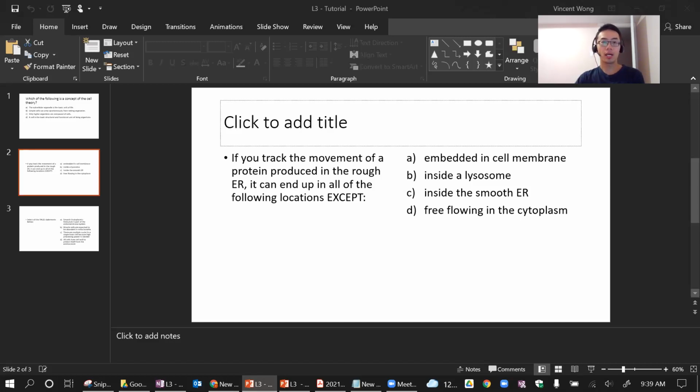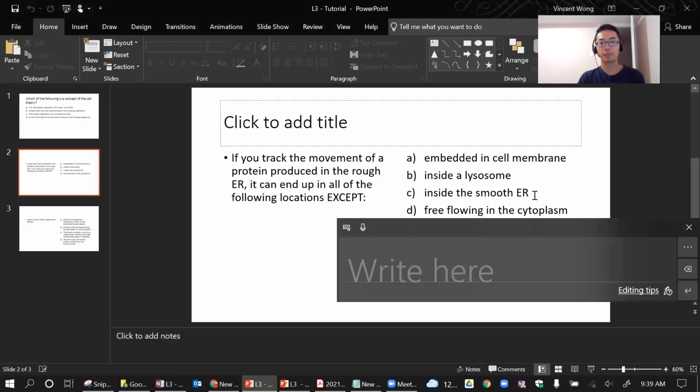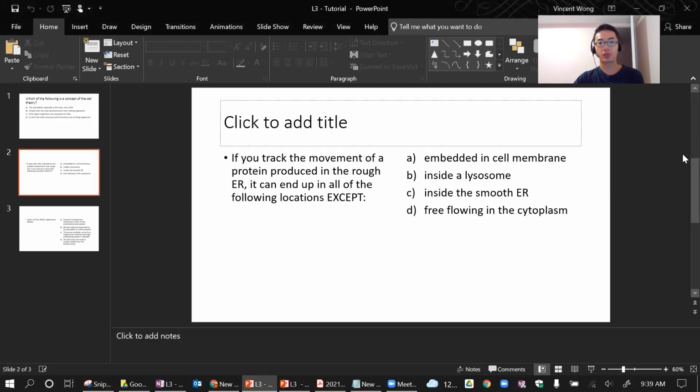Okay, so we learned about the endomembrane system. I told you it's possible for it to move to the cell membrane, get released, and sometimes they actually can become part of the cell membrane. It definitely can be inside the lysosome, right? Those enzymes that we talked about are an example of that.